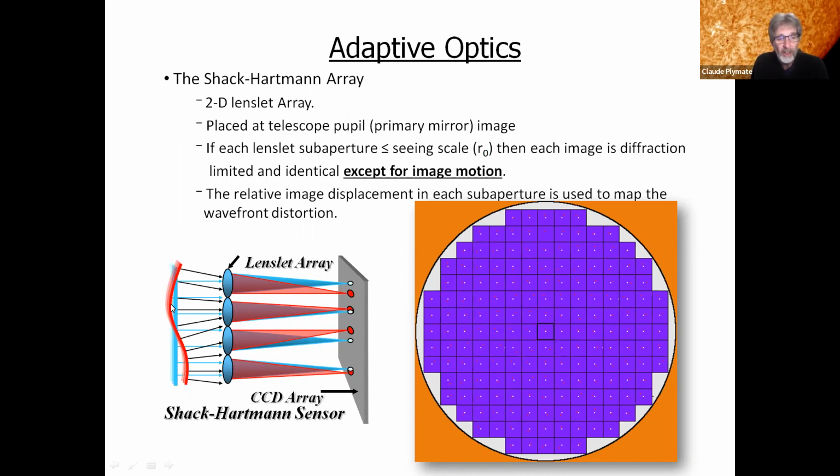However, if it is a distorted wavefront, the image will be displaced in one direction or the other, depending on the curvature of the wavefront. And by measuring that offset, one can work backwards and reconstruct the wavefront distortion.